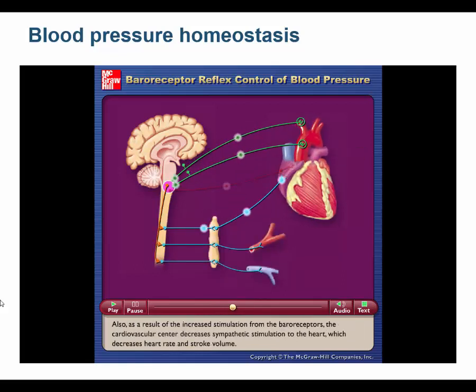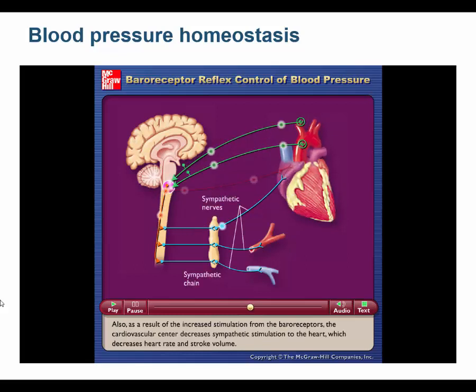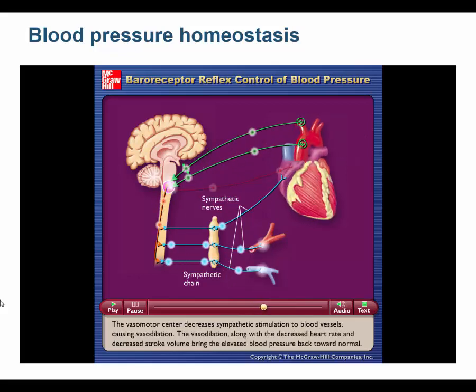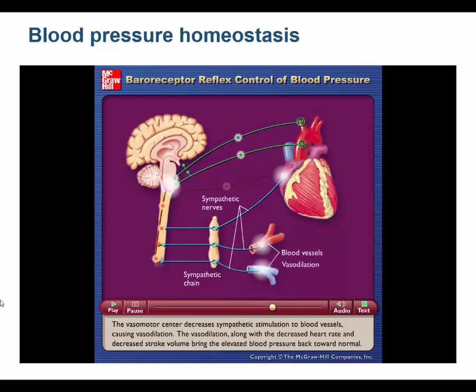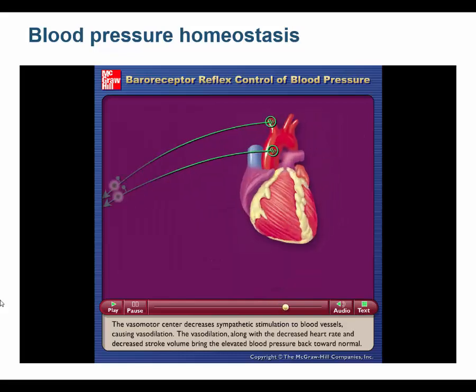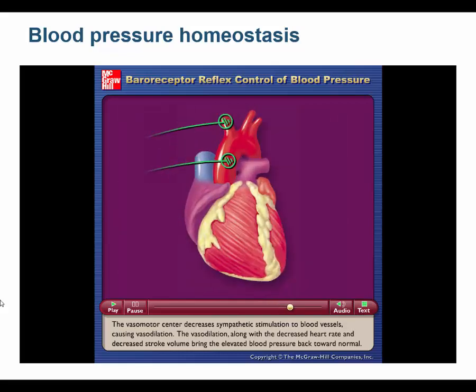Also, the cardiovascular center decreases sympathetic stimulation to the heart, which decreases heart rate and stroke volume. The vasomotor center decreases sympathetic stimulation to blood vessels, causing vasodilation. The vasodilation, along with the decreased heart rate and decreased stroke volume, bring the elevated blood pressure back toward normal.